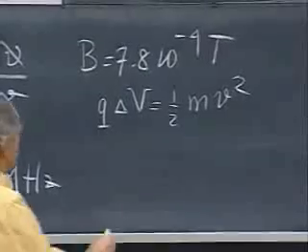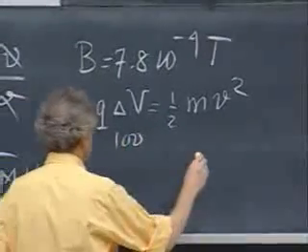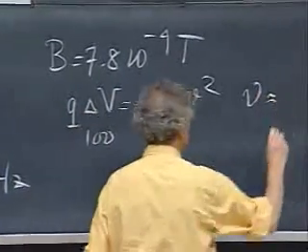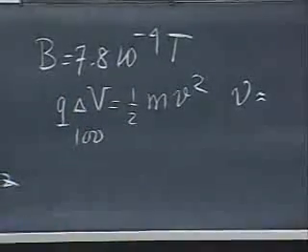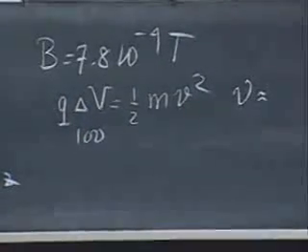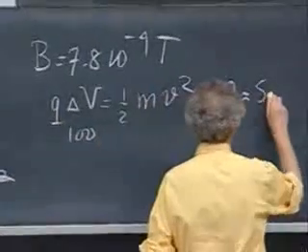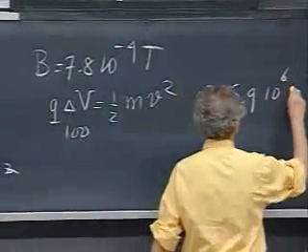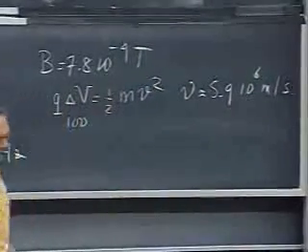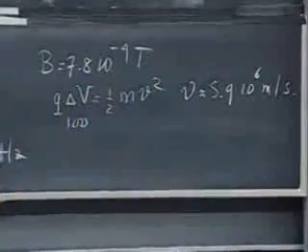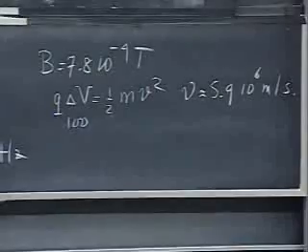So if I make this 100 volts, I can calculate what v is, and I found that the velocity of the electrons is about 5.9 times 10 to the 6 meters per second. So that's the velocity if I have a potential difference of 100 volts.